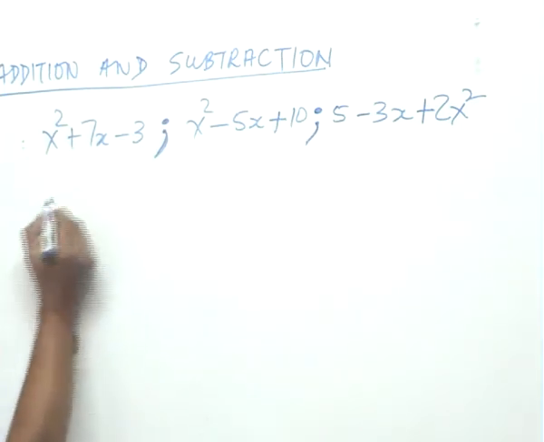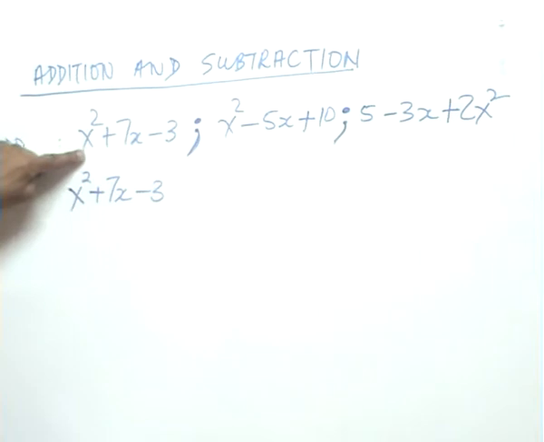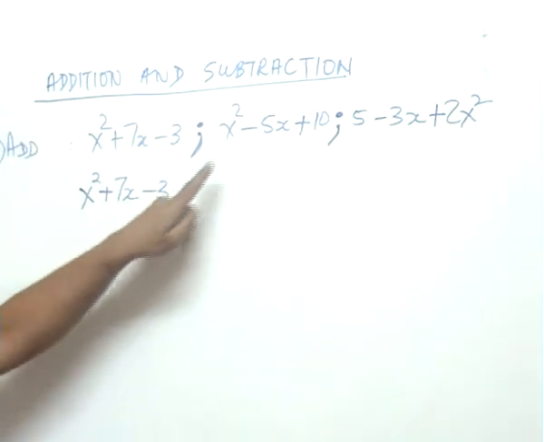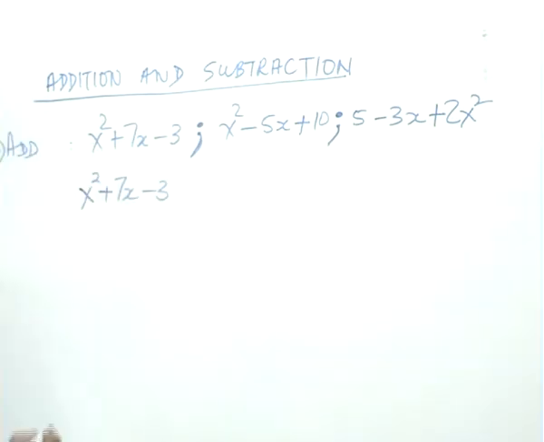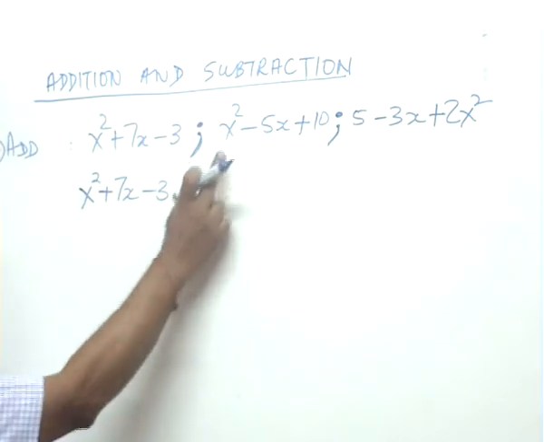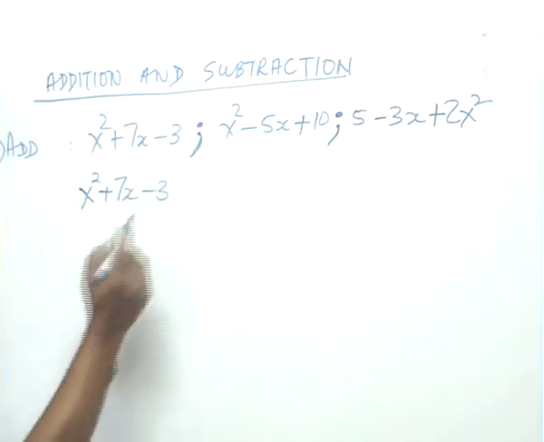So the way to do it is take the first one and just write it down like that. You see, I just took the first one and wrote it like this. Then we take the second one and we make sure that when we're writing the second one here, the like terms must come one below the other.